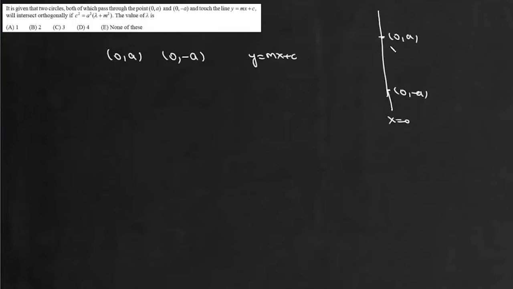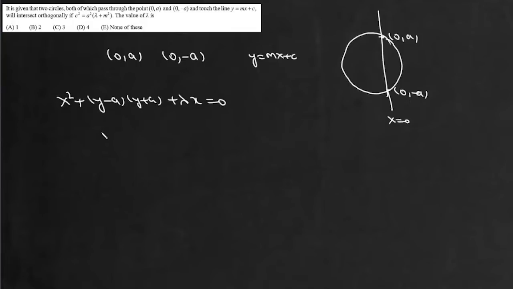Now we find the family of all the circles which pass through these two fixed points, and it is given by x square plus y minus a into y plus a plus lambda x equals 0.